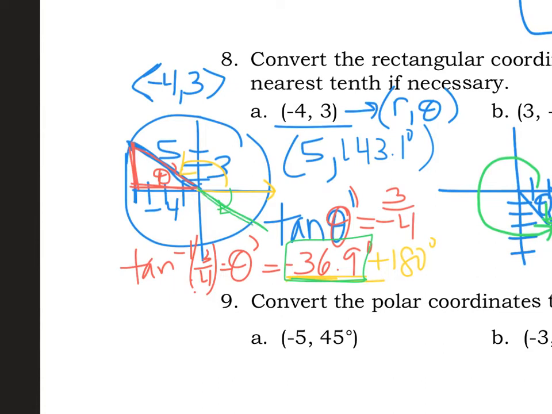Well, guess what? You could have done that, but what would you have had to do? Do you know? Yeah, change that to a -r, and that would have worked just fine too. Because if you went -36.9 and went -5, you would still be at the point that they want you to be at.